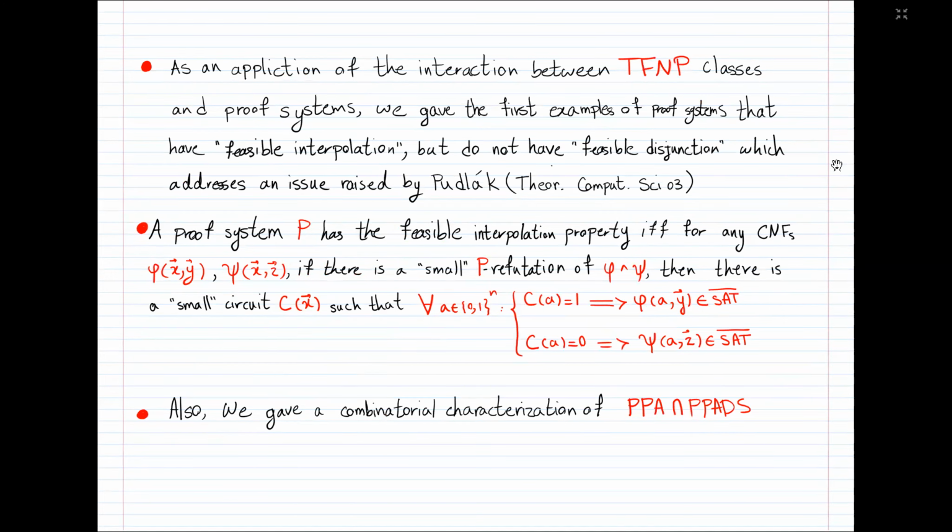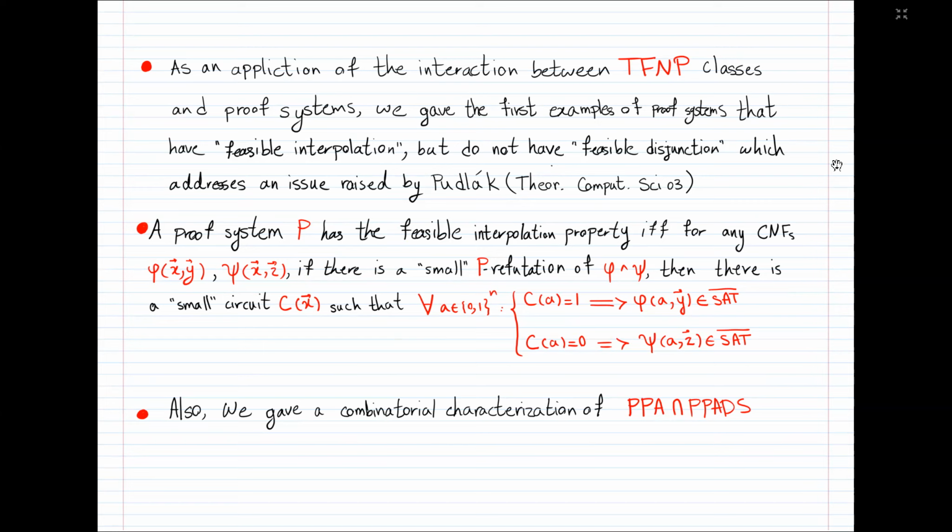Also, as an application of the relationship between TFNP classes and proof systems, we gave the first examples of proof systems that have the feasible interpolation property but do not have the feasible disjunction property, which addresses an issue raised by Pudlák.